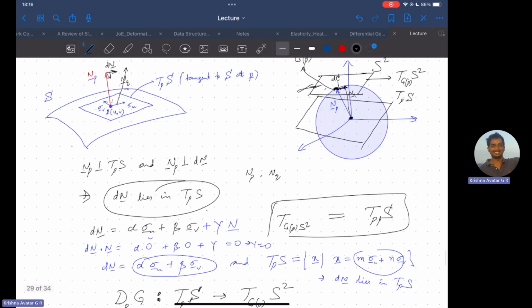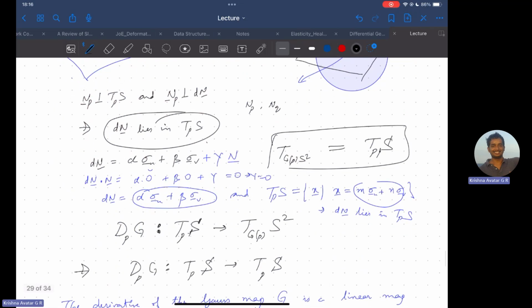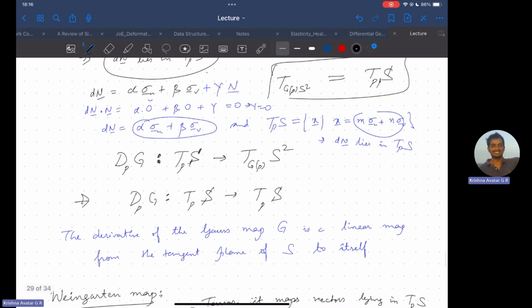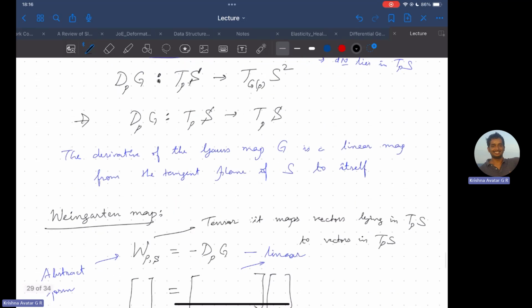So we represented some sort of a mapping between the tangent plane of a surface to the tangent plane of the unit sphere, which eventually came out to be the tangent plane itself. In the sense that the derivative of the Gauss map happens to be a linear map from the tangent plane of S to itself, right?